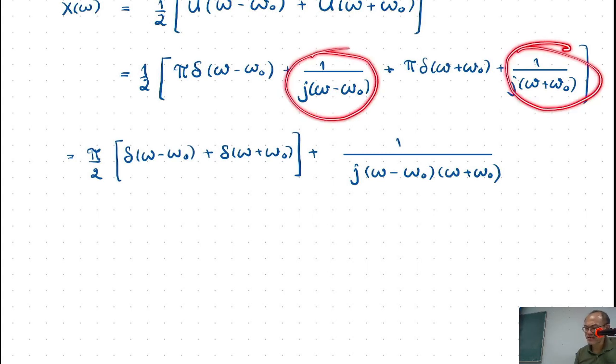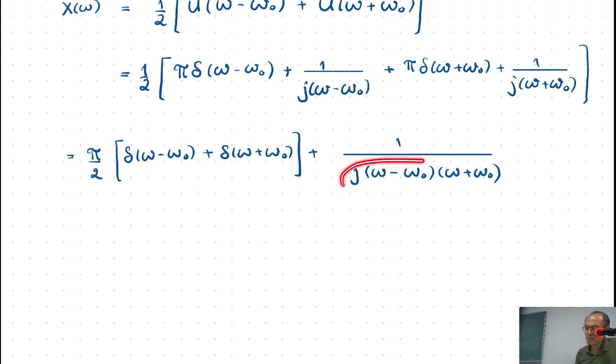When you add these two together, the denominator will be this polynomial, and as for the numerator, it would be j omega plus j omega 0 plus j omega minus j omega 0. Of course, multiplied by 1/2. And then you see that the j omega 0 will be gone.